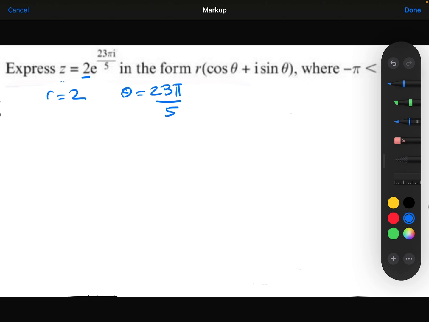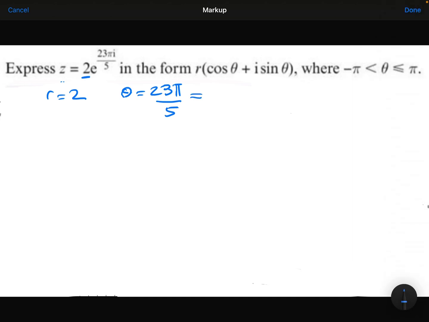Now 23 pi over 5, that's an improper fraction, and clearly that's bigger than pi. In fact, it's bigger than 2 pi. So let's find what the equivalent of this is in between minus pi and pi.